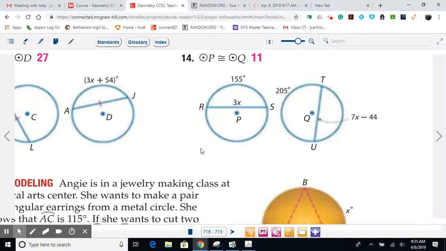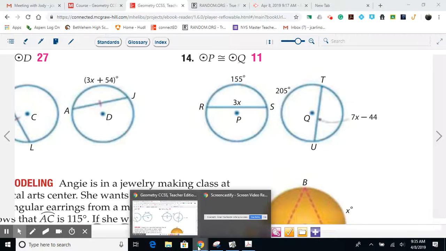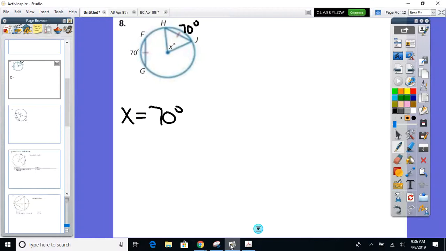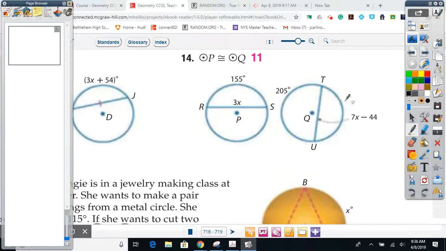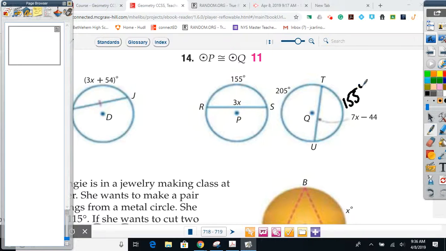All right, ready? How many total degrees in a circle? 360. That's 155, right? This is 205, right? So 360 minus 205 will give you 155 for there. This is 155 because they both total up to 360.